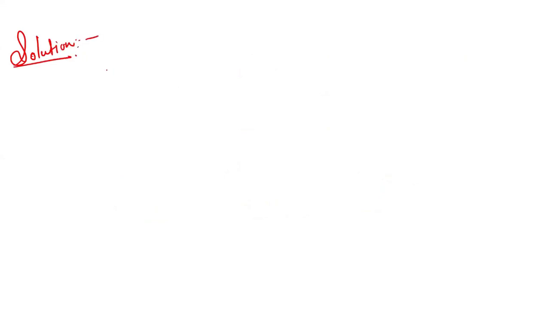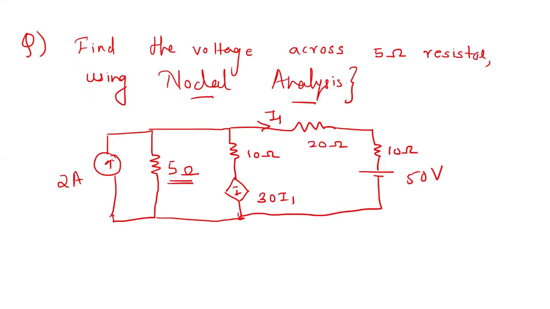The first step will be to apply KCL. As I told you, nodal analysis depends only on KCL. So this is a node, for example node A. How do you identify a particular node?